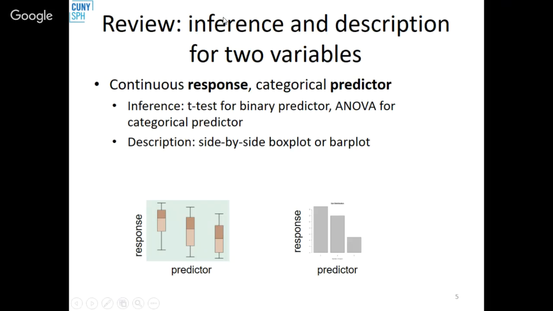In the case of two variables where the response is continuous and the predictor is categorical, we can use the t-test if that predictor is binary, or analysis of variance where the predictor is categorical. We can use statistics or visualizations, box plots and bar plots.